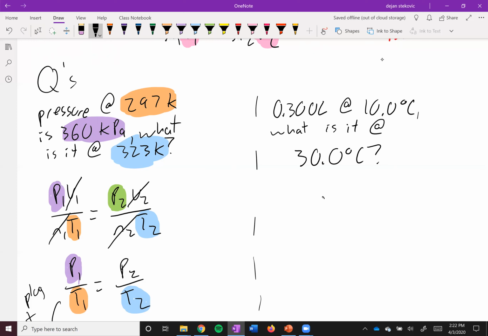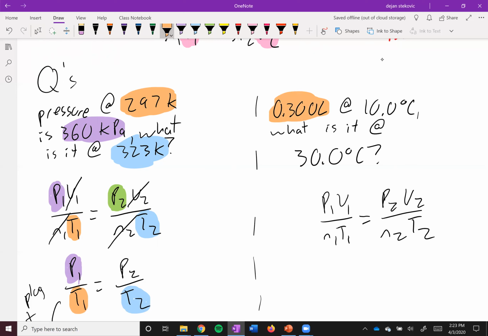So, 1, 2, we want to think P1, V1. Cool. And then we want to think about what we can plug in. Well, we got 0.3 liters. We're going to say, oh, that's what we initially have. And then we got 10 degrees Celsius. Cool, looking good. And then 30 degrees Celsius. Okay, so that's going to be the final temperature. So we'll plug that into there.